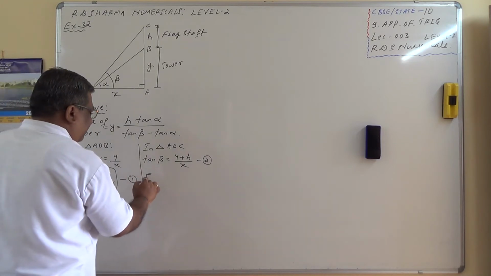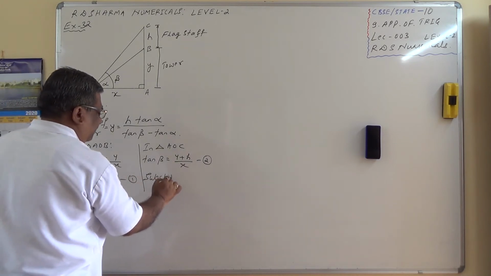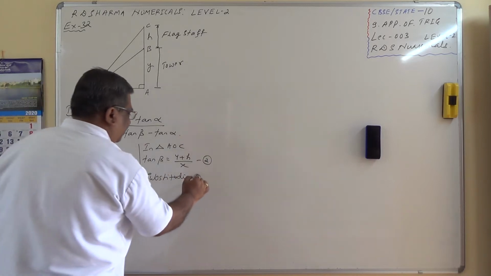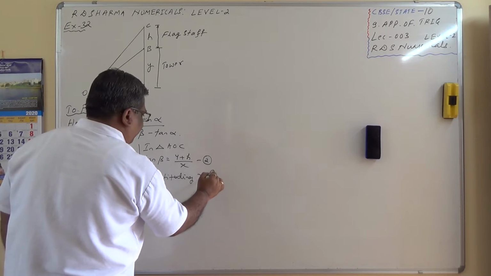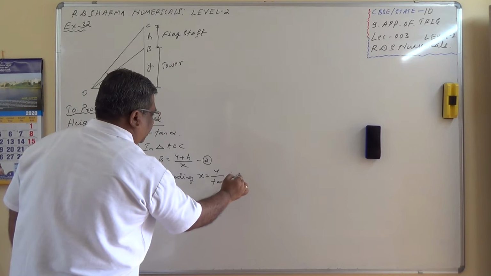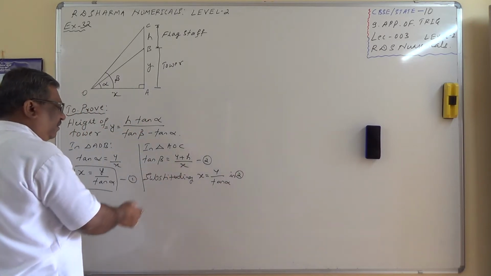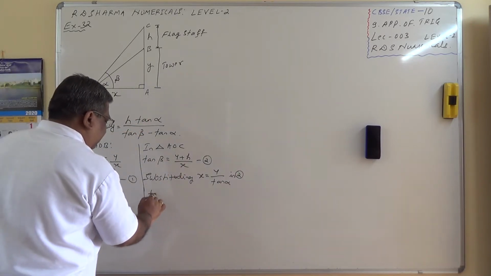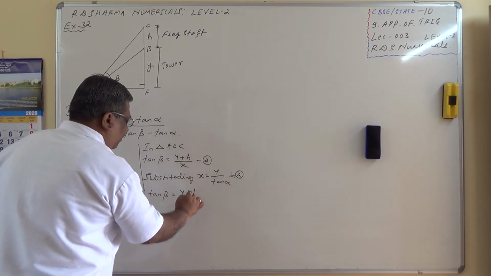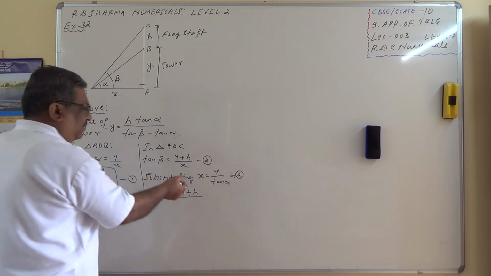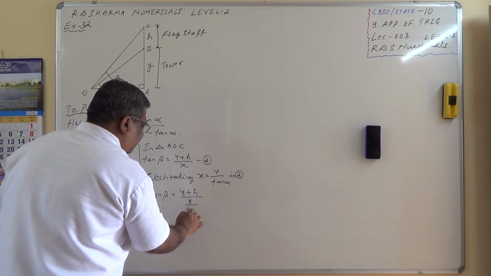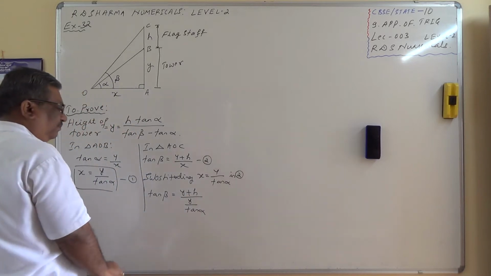Now substituting x equals y divided by tan alpha into 2. So what we get is tan beta equals y plus h divided by x, where x is equal to y divided by tan alpha.